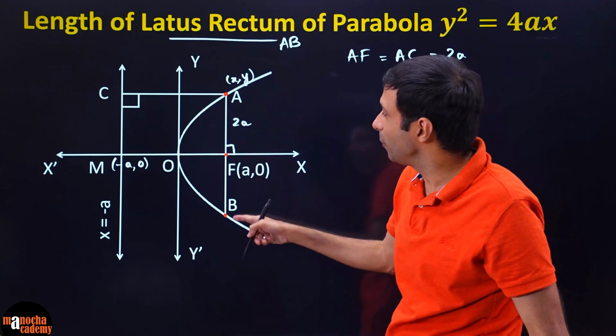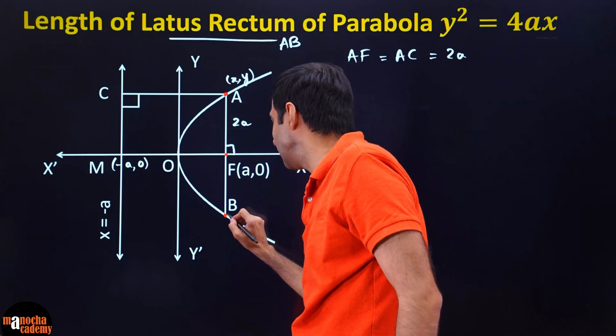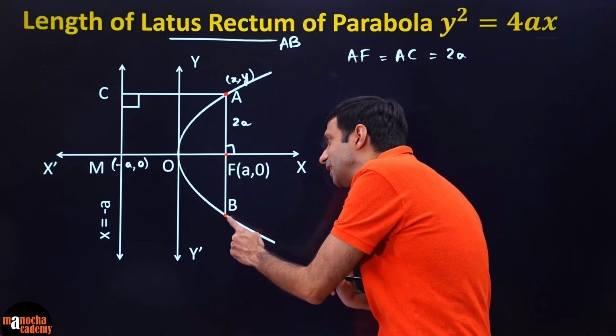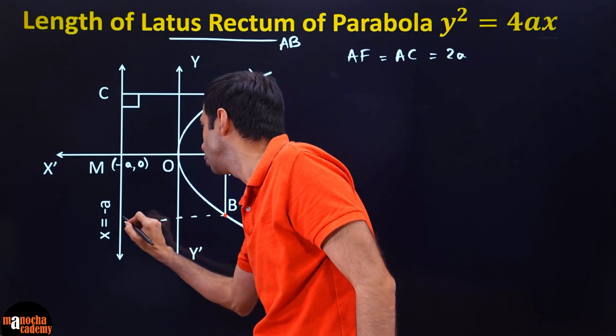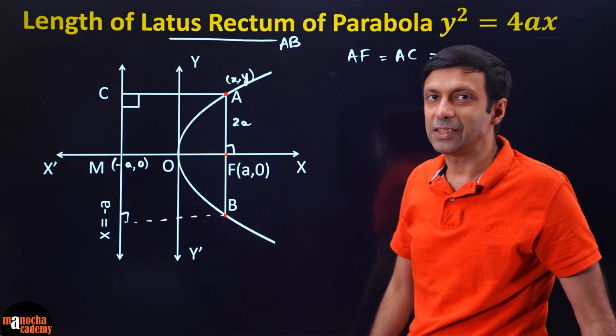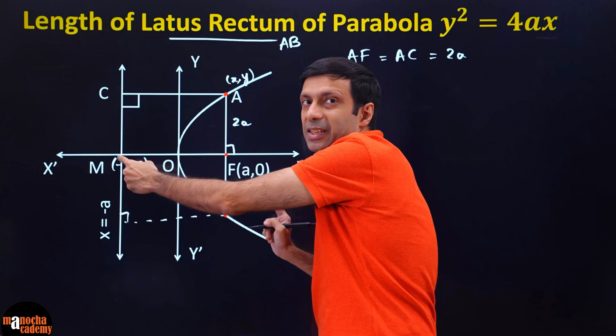In the same way we can find BF, because B is on the parabola, so the distance to the focus is going to be equal to the perpendicular distance to the directrix. Now what will this distance be? This distance is again going to be the same thing as this, which is a plus a, 2a.